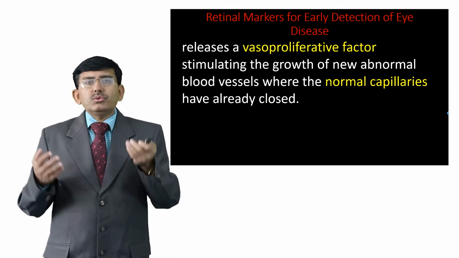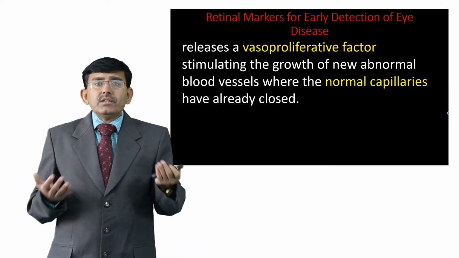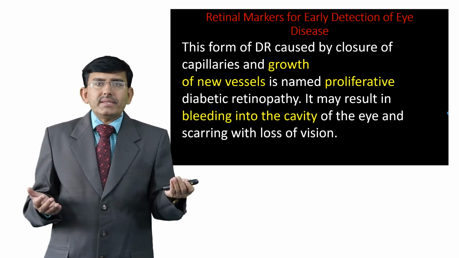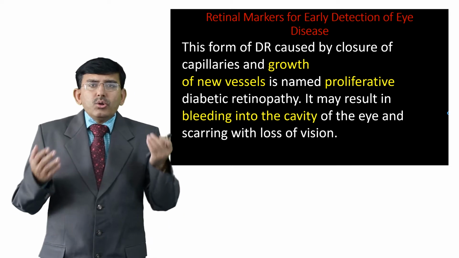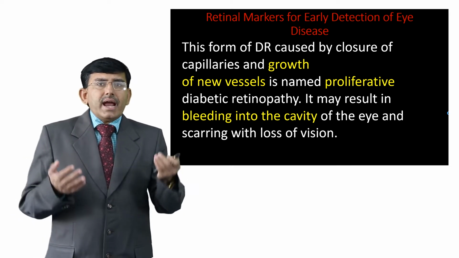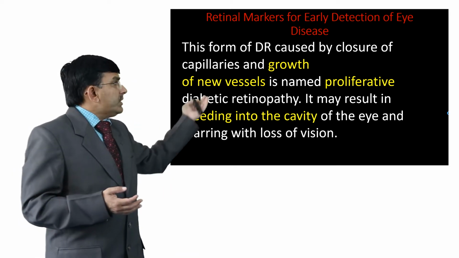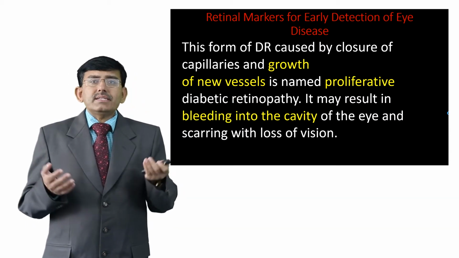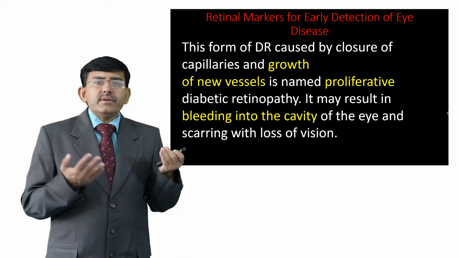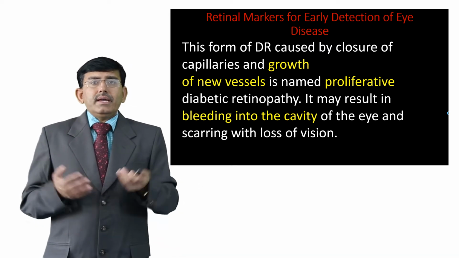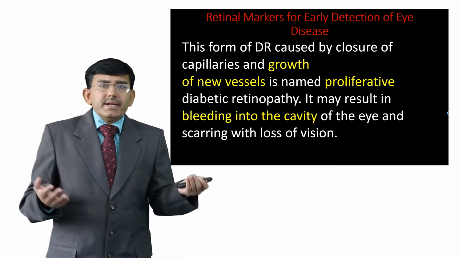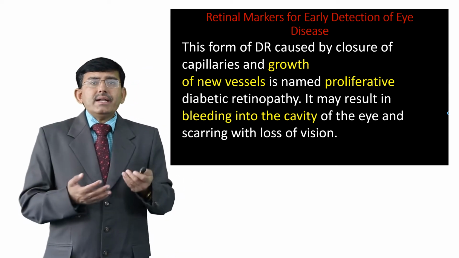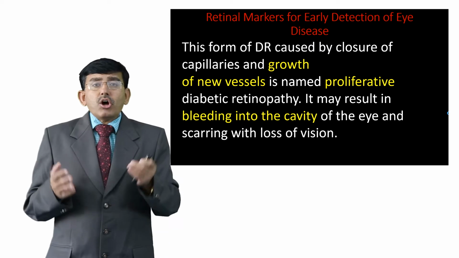This form of diabetic retinopathy, caused by closure of capillaries and growth of new tiny vessels on the surface of the retina, is named proliferative diabetic retinopathy. It may result in bleeding into the cavity of the eye and scarring with loss of vision.